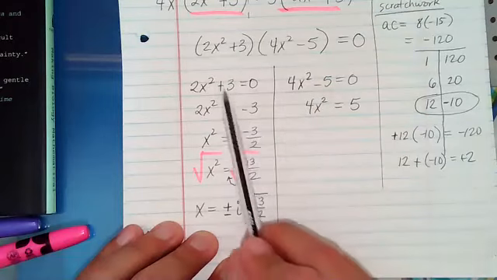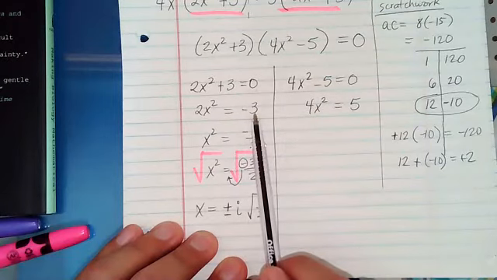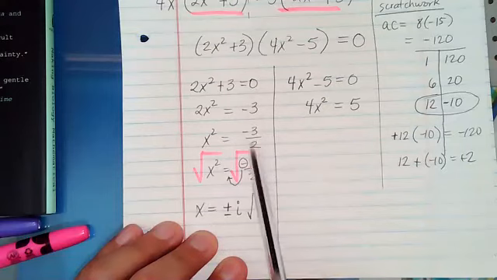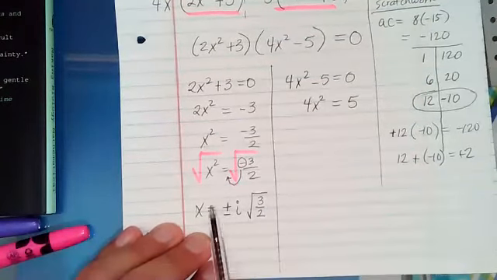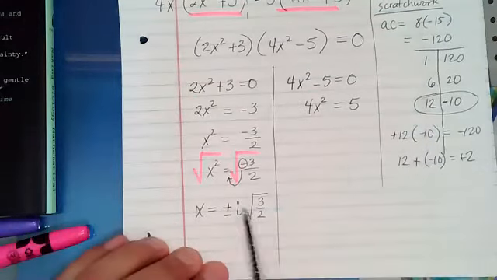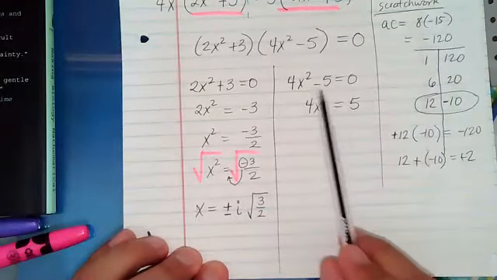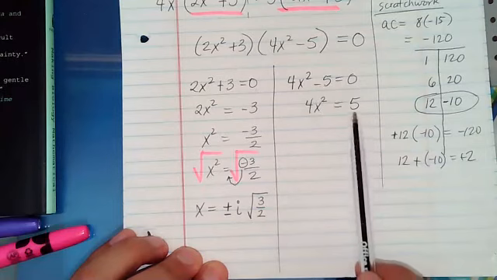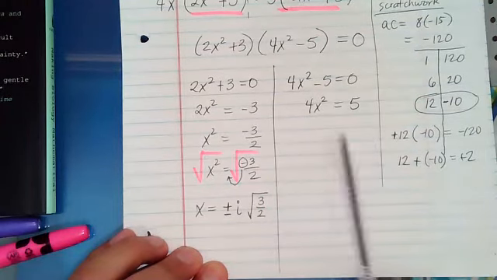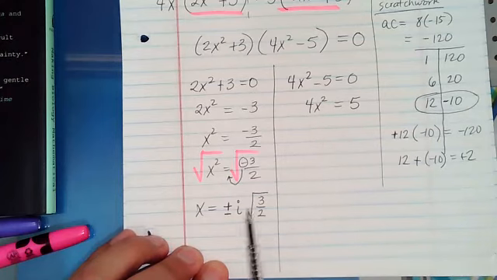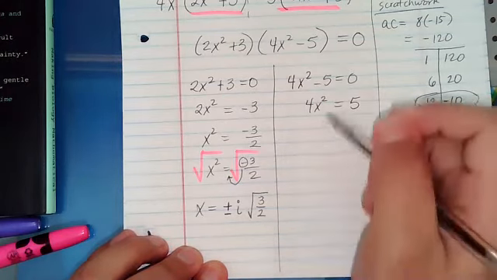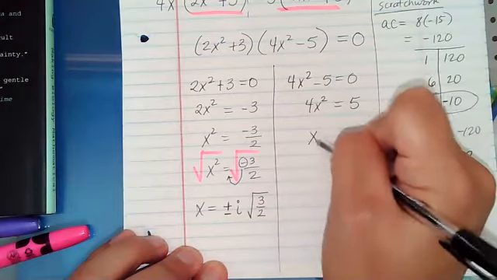When you move a number over and you get a negative here, once you take the square root of that negative number, you're going to have the imaginary number. But because we moved the negative 5 over, and it became positive, eventually when we take the square root of both sides, we're going to have the square root of a positive. So this will be a real number, not an imaginary number. But the process pretty much goes the same.